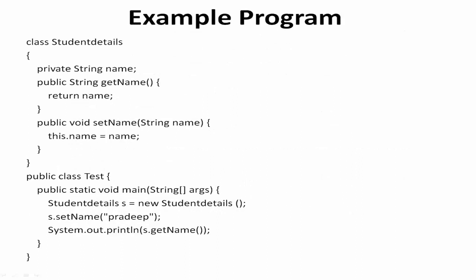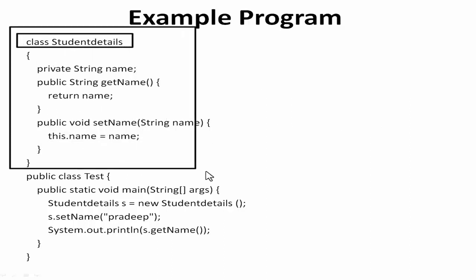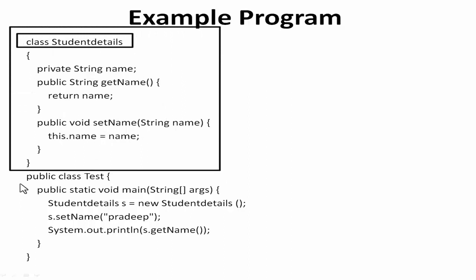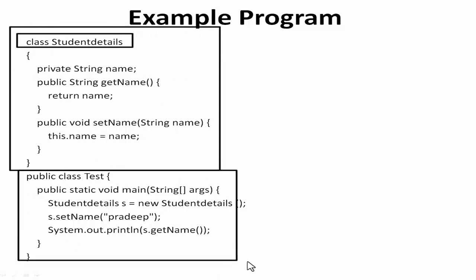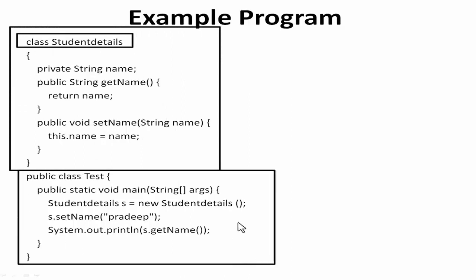So let us see the example program. Here you define a class named StudentDetails. You have two different classes: the first class is StudentDetails, and the second class is Test. In StudentDetails, you have declared a private String name.